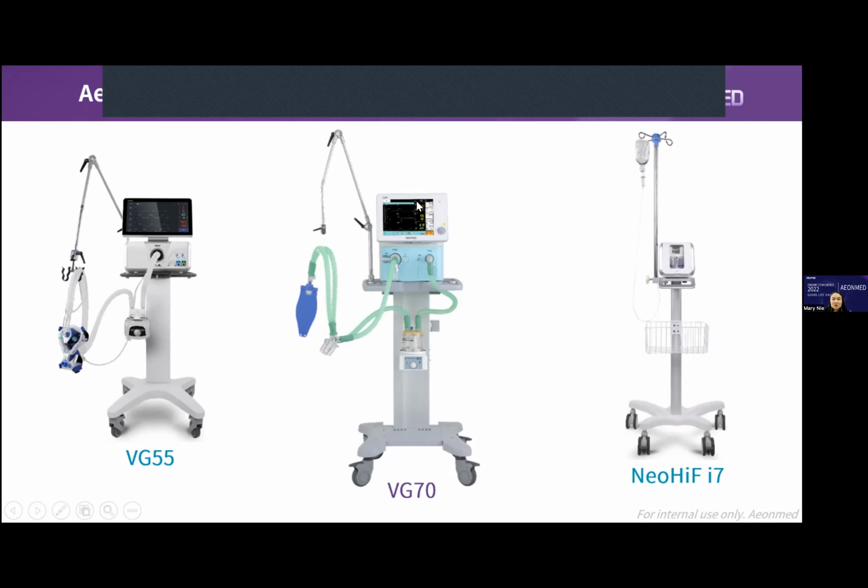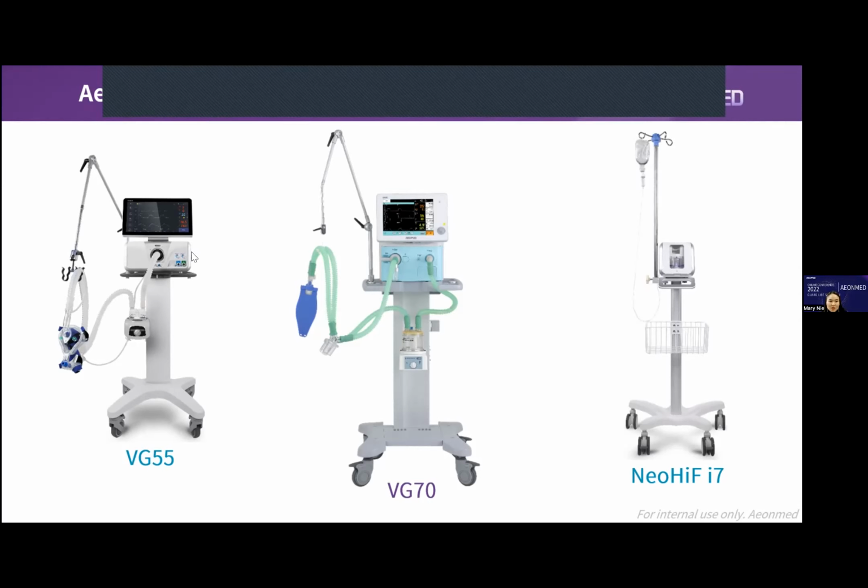It contains an invasive ventilator and also a non-invasive ventilator, and it's pretty easy to carry. So in the hospital, to transfer it between different departments, it's pretty easy for anesthesiologists or critical care doctors to use. It contains both ventilations, non-invasive and invasive.